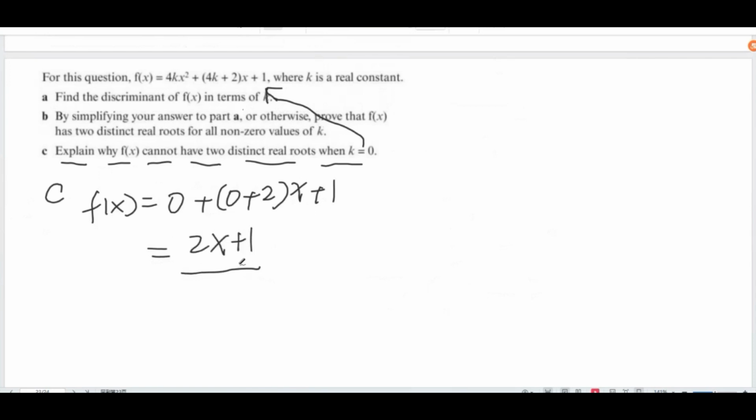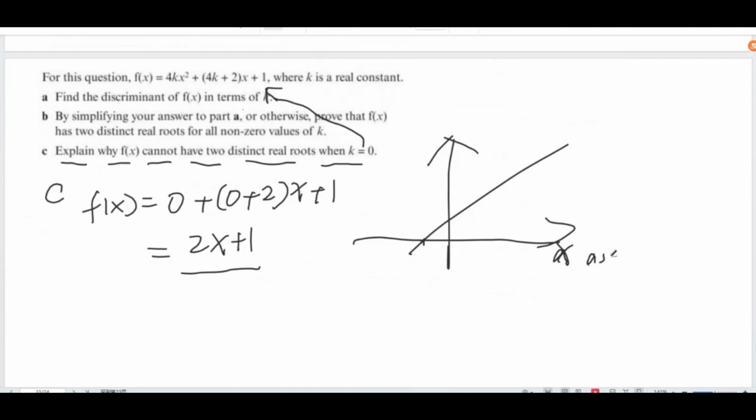This is a linear equation, which means the graph looks like maybe here, the gradient is positive, so it'll be like here, going up. So there's only one root on the x-axis. So it can't have two because it is a linear equation, not a quadratic equation.